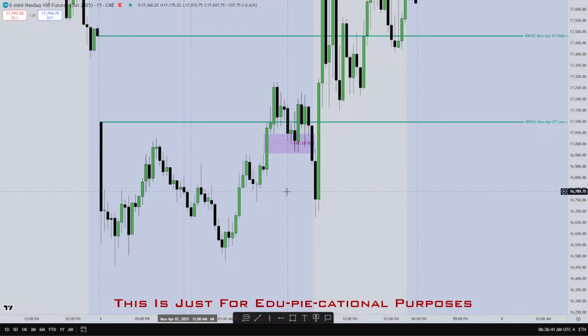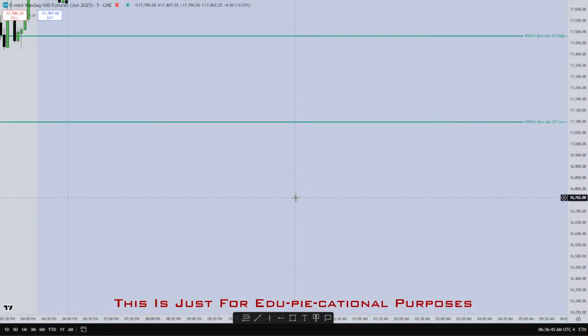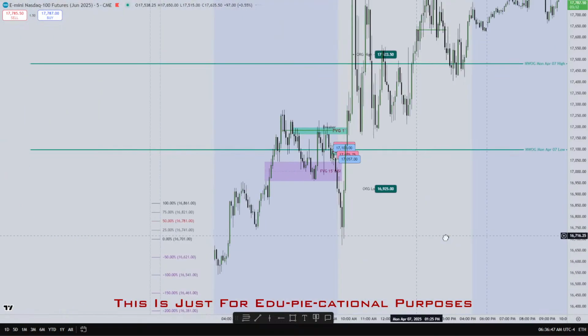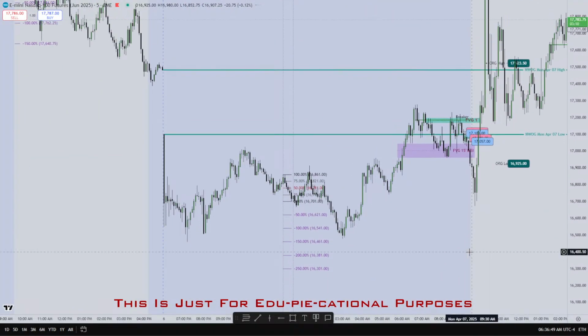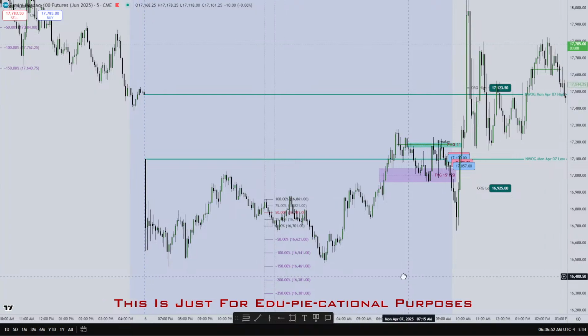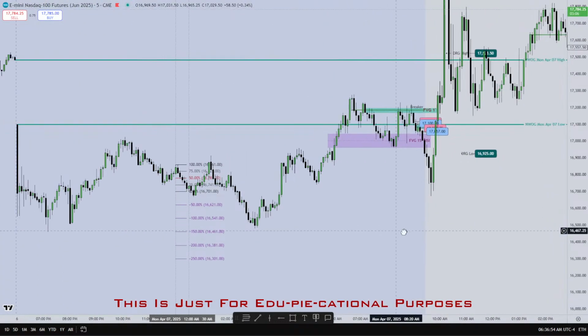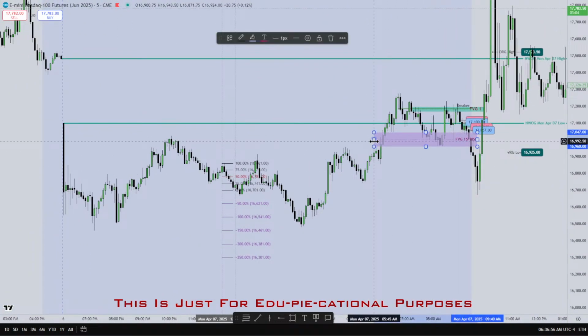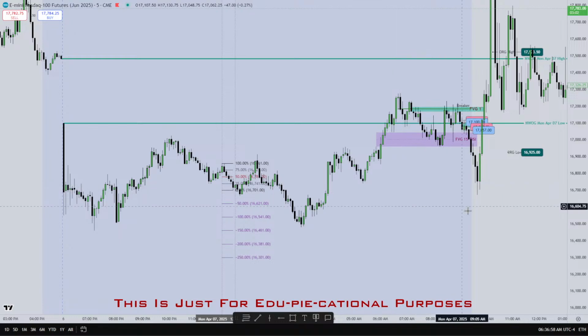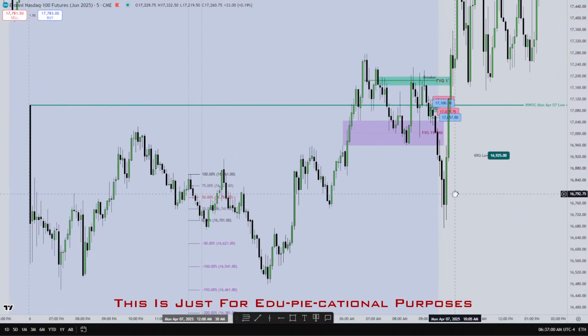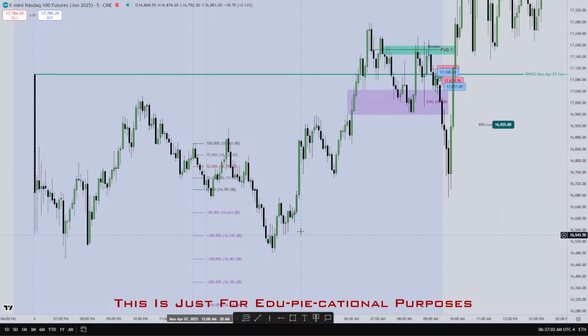Now we are going to the 5-minute chart to review it. As you can see, the market was in a very big consolidation.